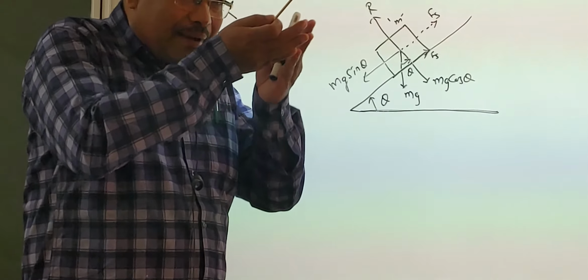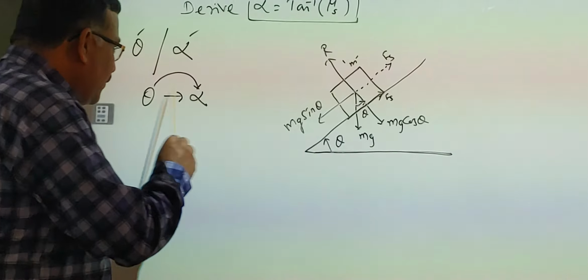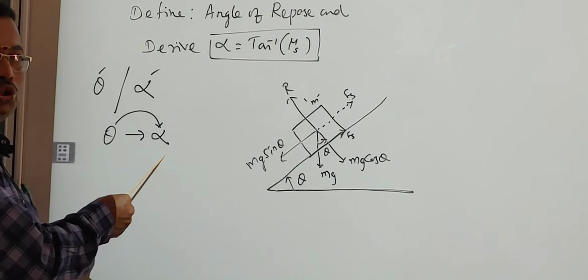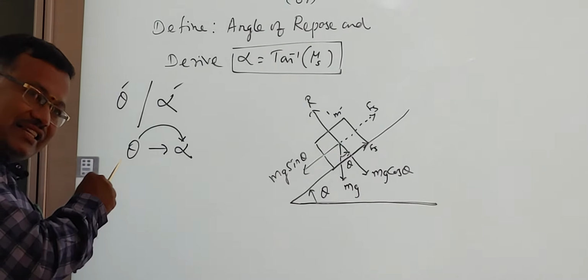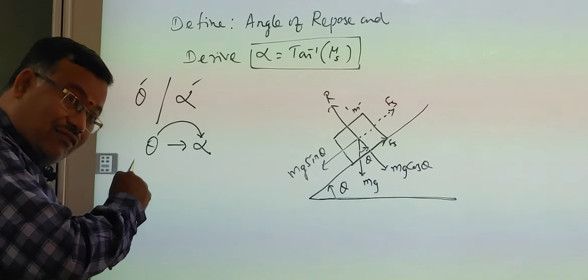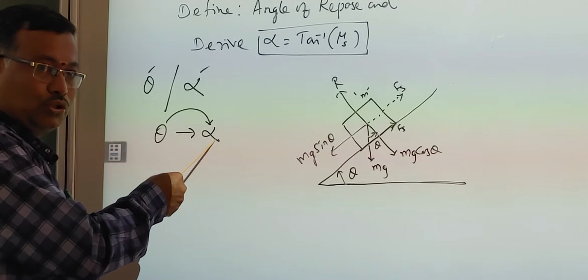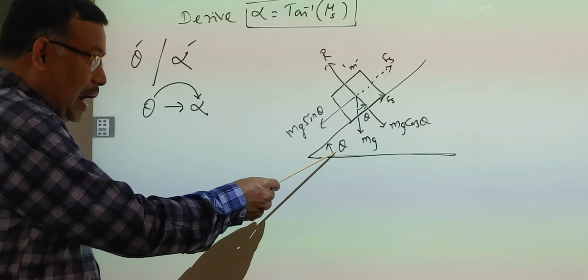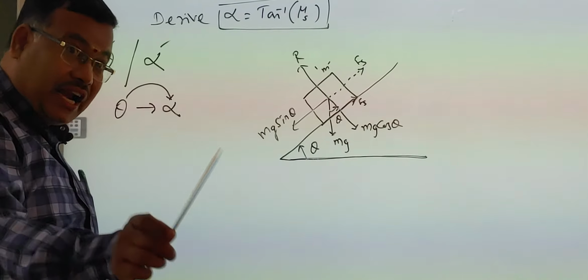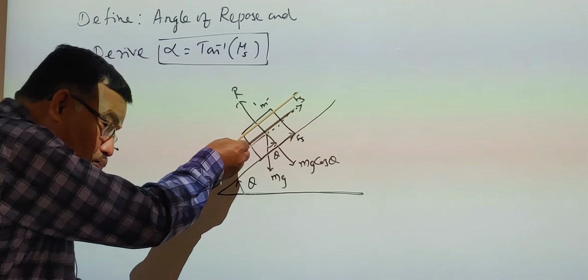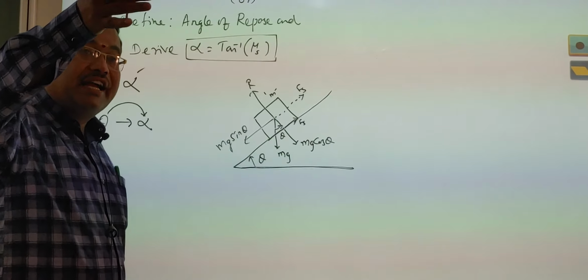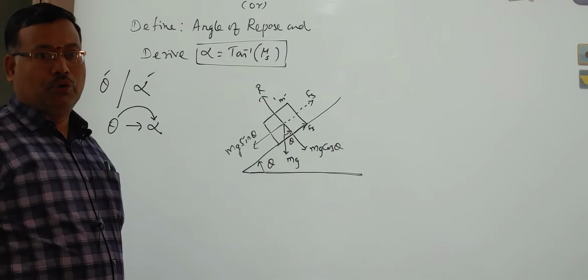So when it is just about to slide down, that angle of inclination itself is termed as angle of repose. Are you able to follow or not? At a particular angle of inclination only, the block begins to slide down. At whatever angle it begins to slide down, that angle is called angle of repose.